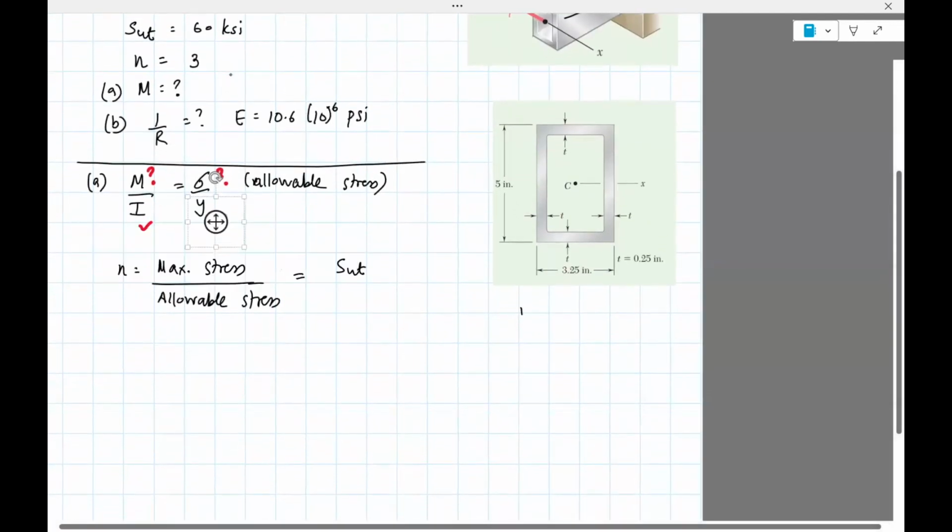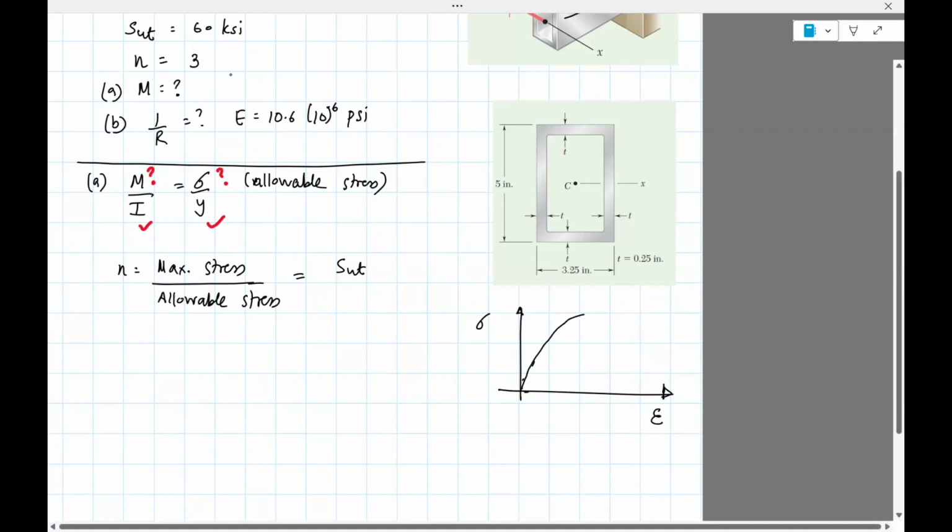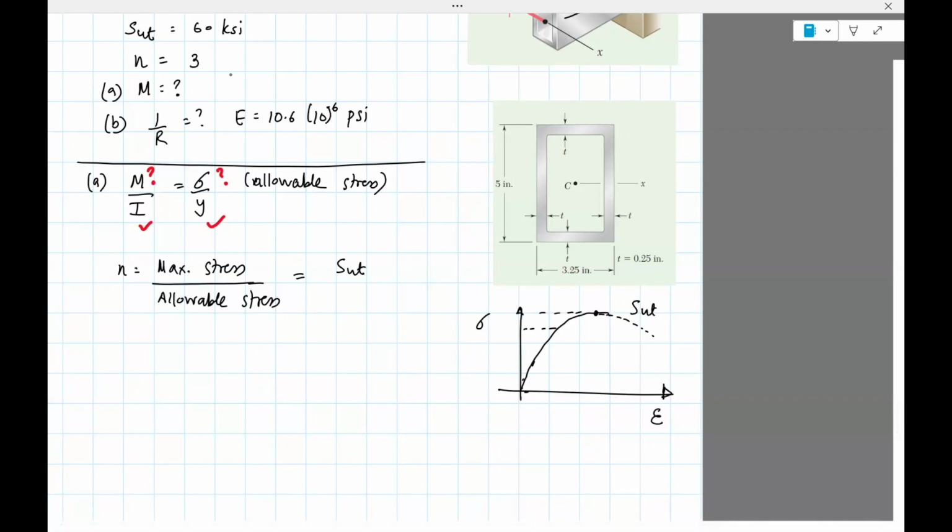So if you look, this is like a review. If you look at the curve of stress versus engineering strain, you see that it goes something like this, where this is SUT, and then it goes down. The yield strength is somewhere here. Okay, but that's the ultimate strength.